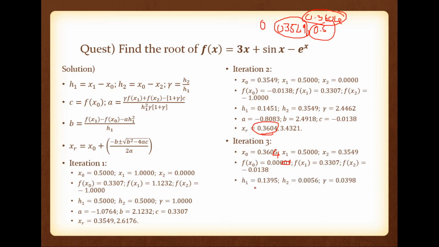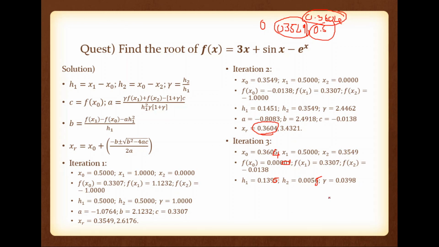So h1 is 0.1396, and h2 is 0.3604 minus 0.3549, that is 0.0055. So this one is not much change. So we can use this value, gamma equal to 0.0398.